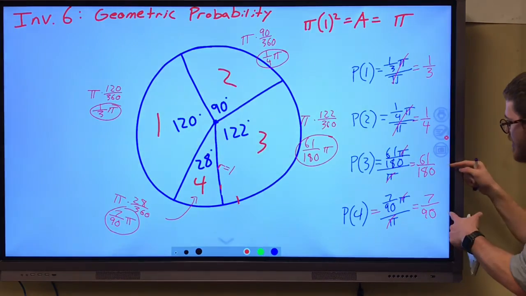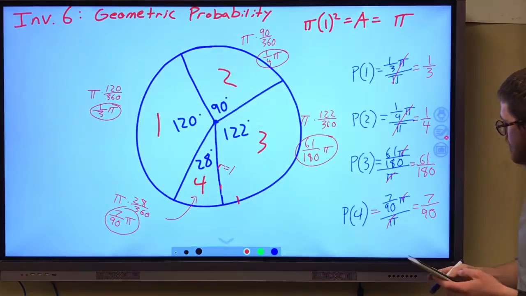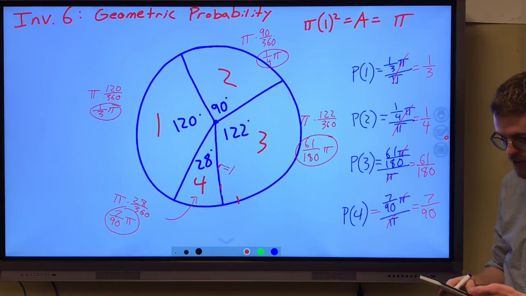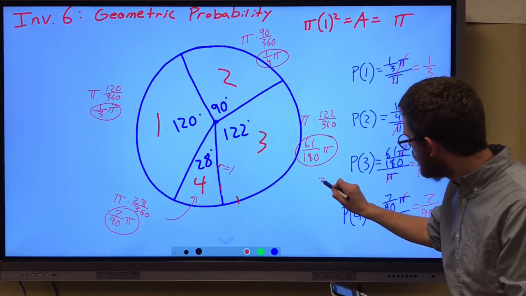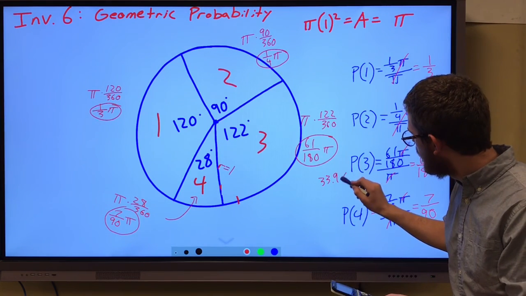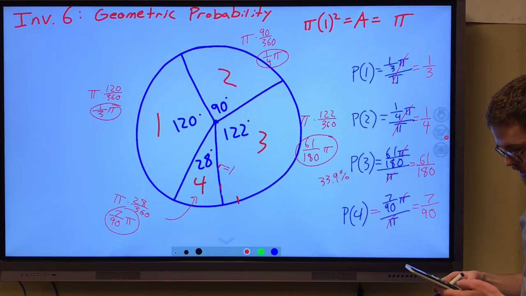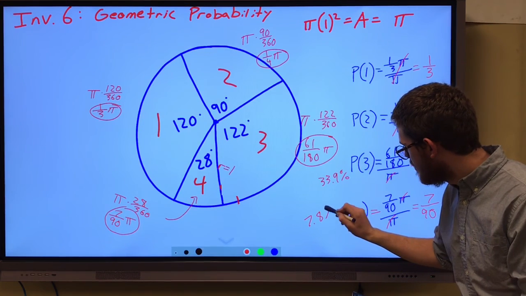And these probabilities are probably fairly understood by us. But we look down at these, 61 over 180 and 7 over 90. We'll change it to a percent if you need to. 61 divided by 180, change it to a decimal, then move the decimal twice to the right. This is about 33.9%. This down here is 7 over 90. That's about 7.8%.